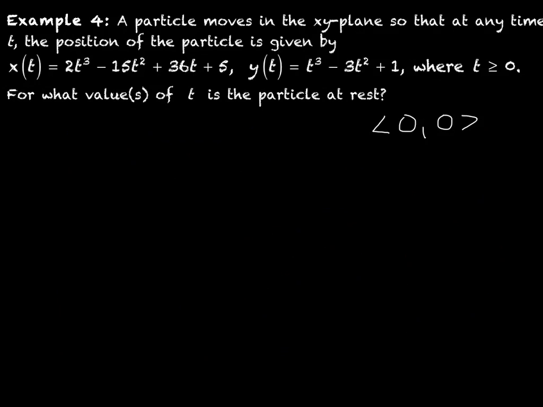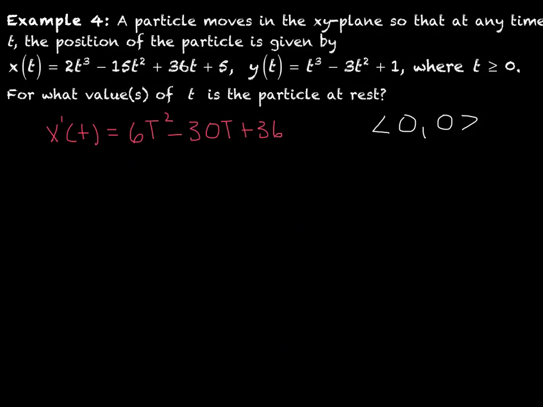So what we need to do is take the derivative of x of t and y of t and set them both equal to 0 and see at what times they are both equal to 0. So we're going to first start off with x prime of t, and that's going to be 6t squared minus 30t plus 36.